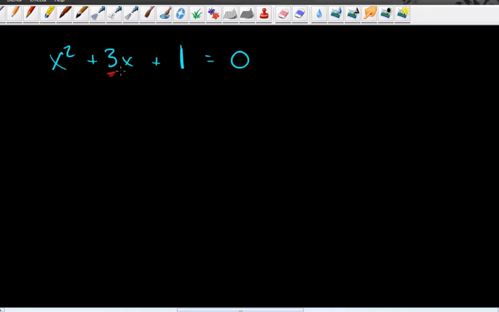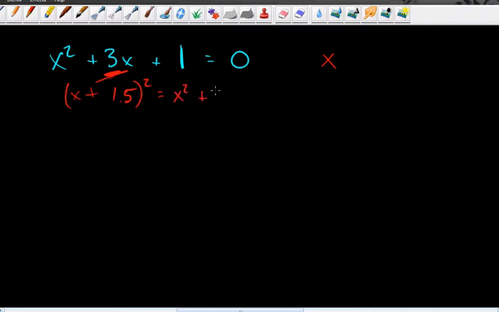Let me try to explain that in the next example. In order to complete a square, we need the value that we use in the square to be half of the coefficient of x. So in this case, I'm going to picture 1.5 is half of 3.